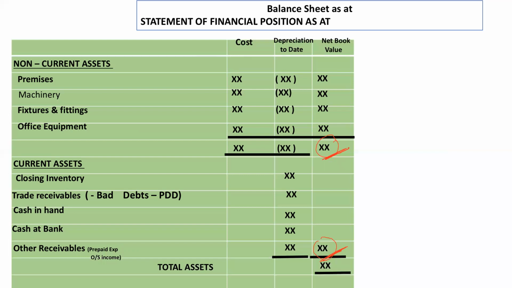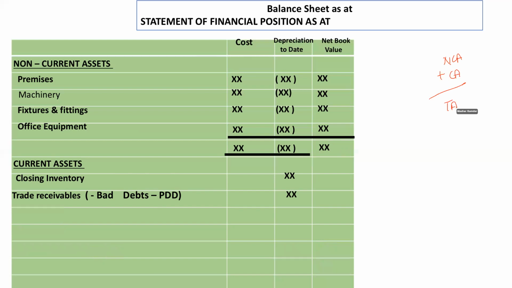In the balance sheet, your total assets should always be equal to your total liabilities. This is the normal method to prepare the balance sheet. However, there is one more method to prepare the balance sheet, that is the net assets method, that we will discuss later. Right now, we are at the normal method of preparing our balance sheet, where our non-current assets plus the current assets would give you the total assets.